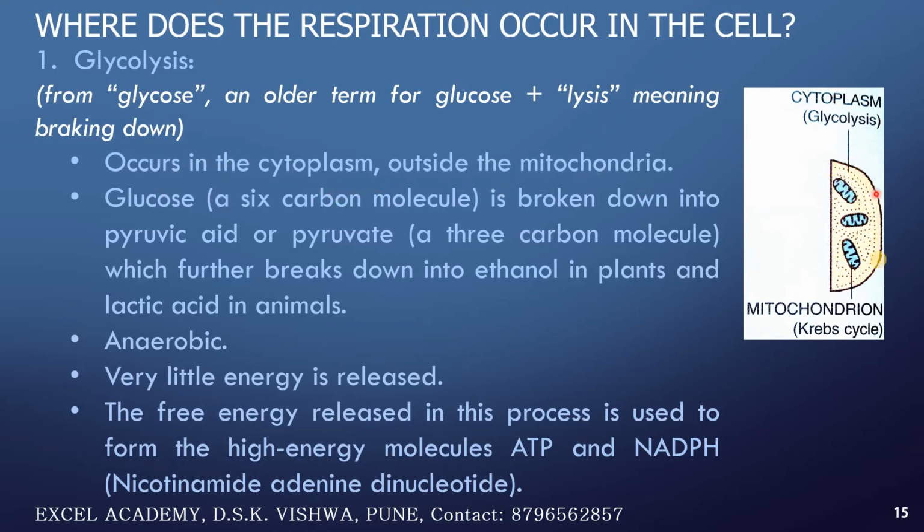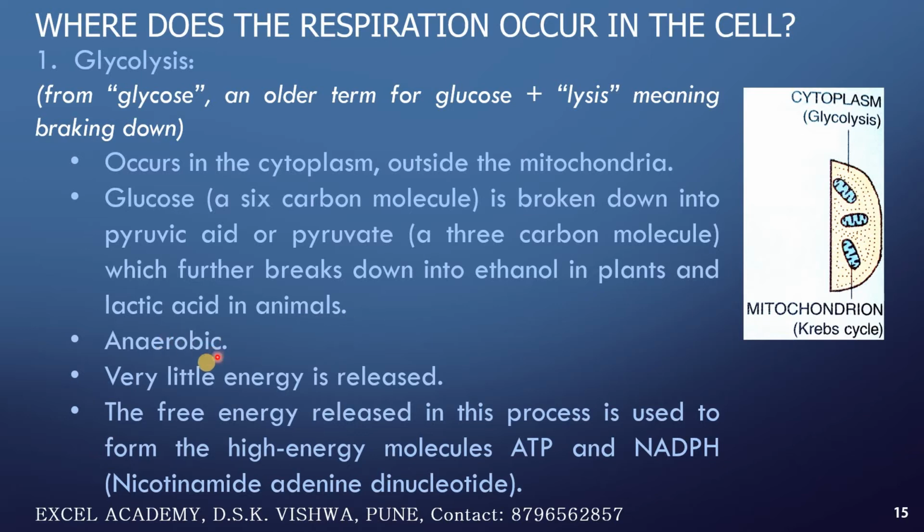As you can see here, this is a cell, and the yellow part is the cytoplasm, whereas these blue colored parts are mitochondria. So glucose, a 6-carbon molecule, is broken down into pyruvic acid or pyruvate, which is a 3-carbon molecule, which further breaks down into ethanol in plants and lactic acid in animals.